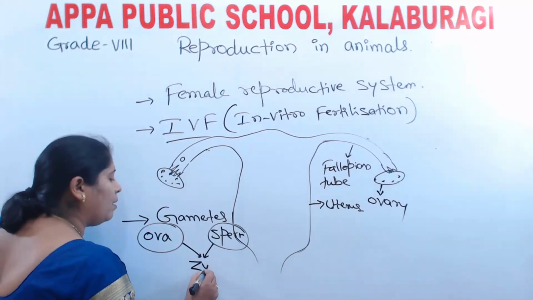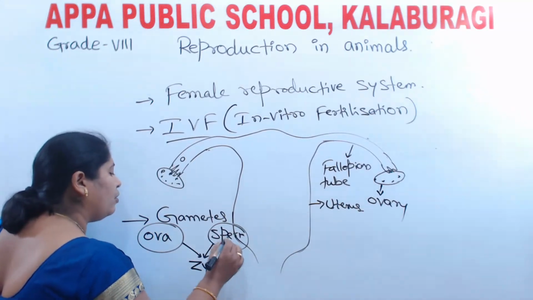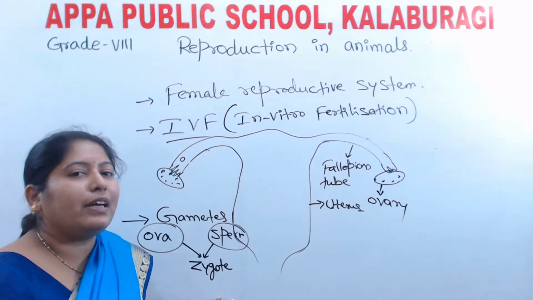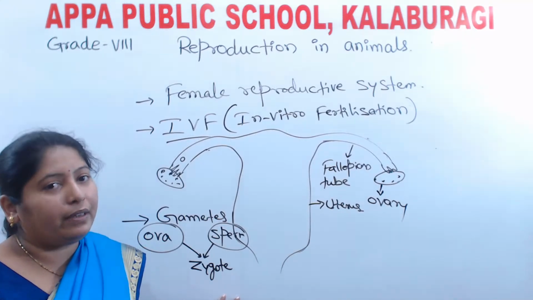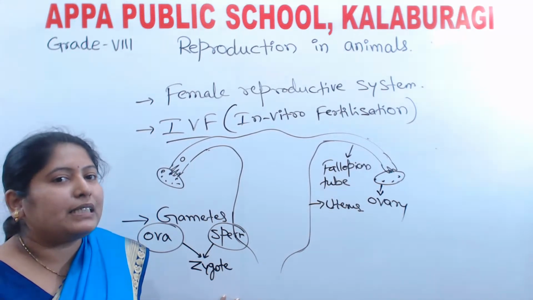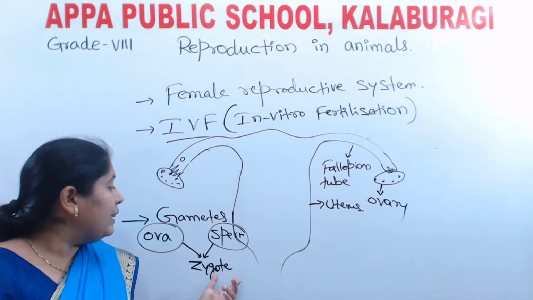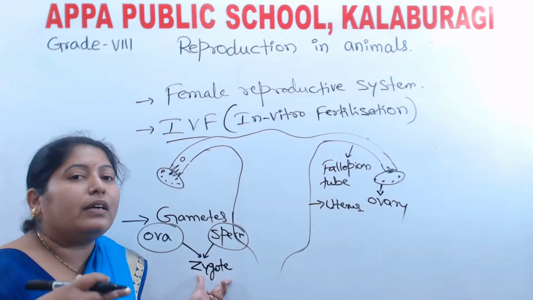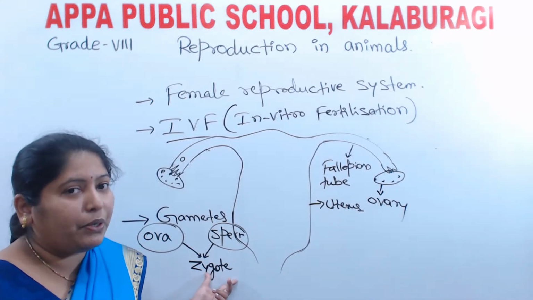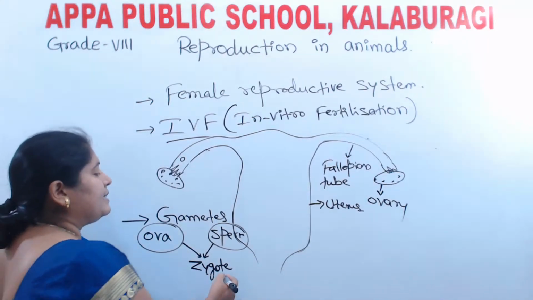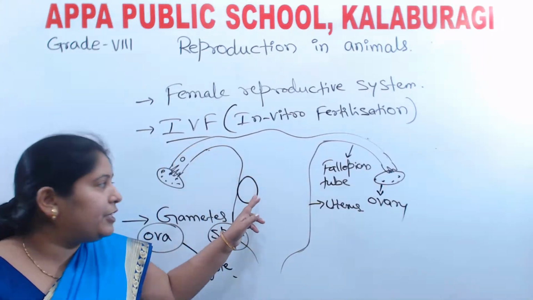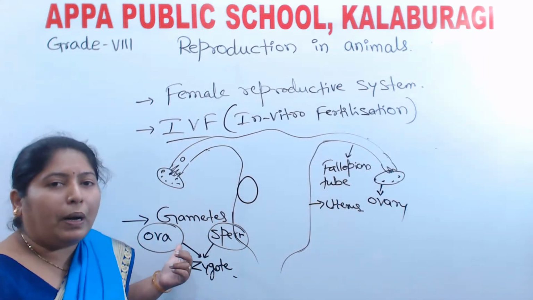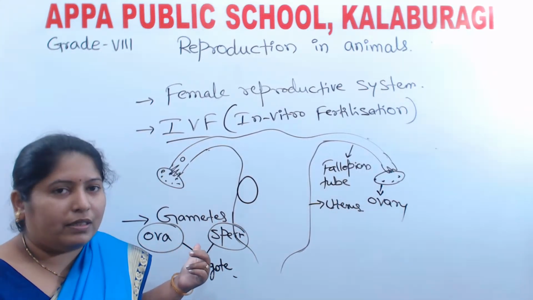When the zygote forms, they allow that zygote to grow in the laboratory condition for around 1 week, right? If it starts developing properly, then that developing or dividing zygote, which is now called an embryo, is going to be transplanted in the uterus of the same mother from which we have taken the ova, right?